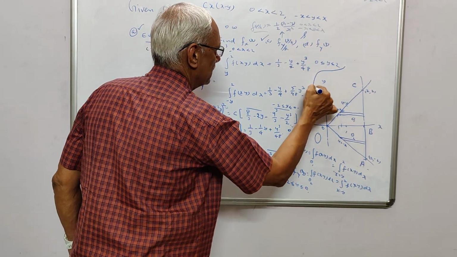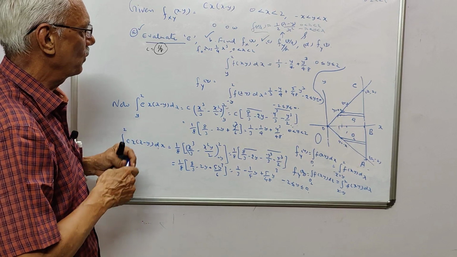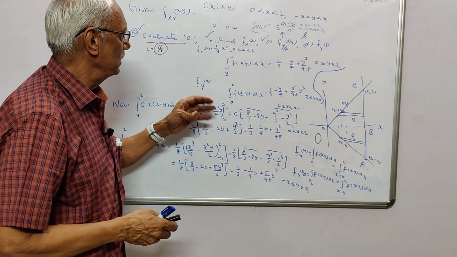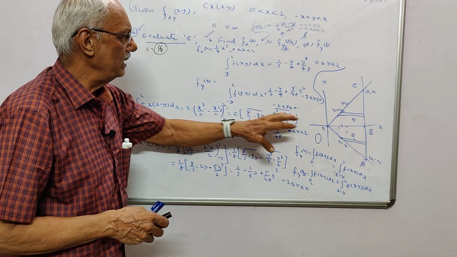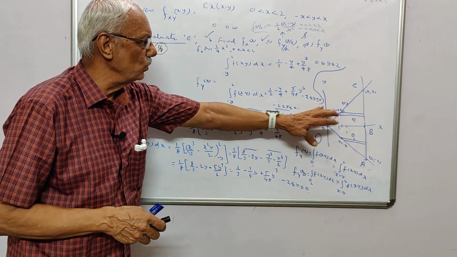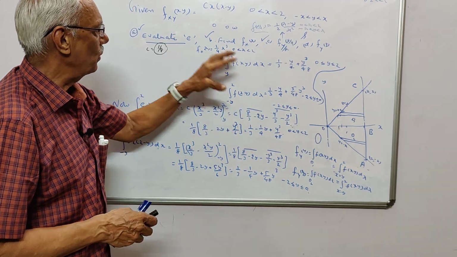So you see that we are able to get the answer for all these things. This is the marginal density function of y, and we have to find it in two different domains, and we are able to get the answer. So this is how we do it.